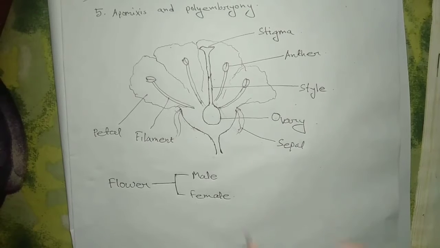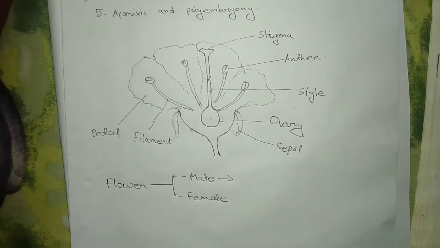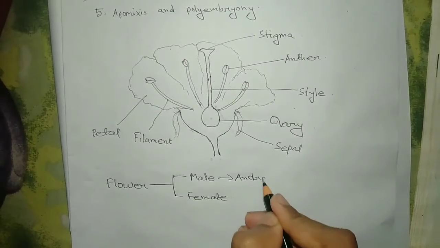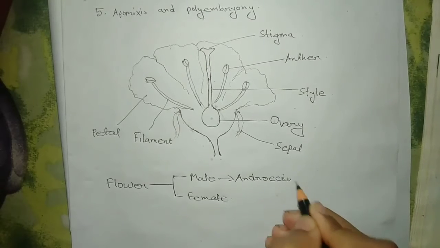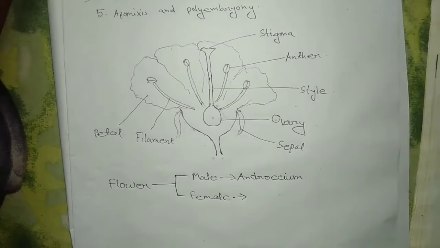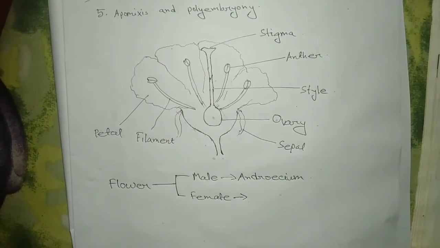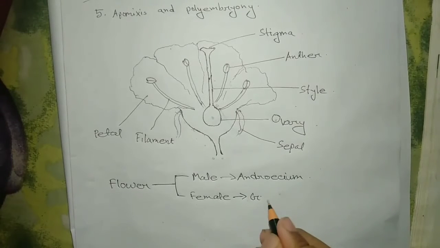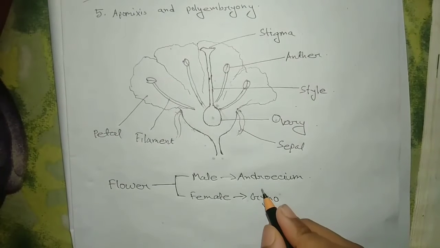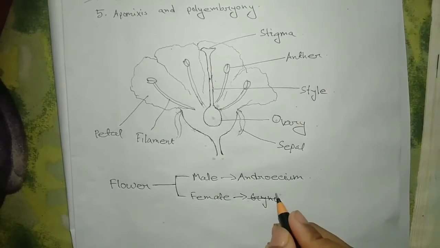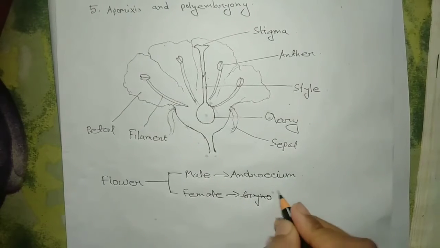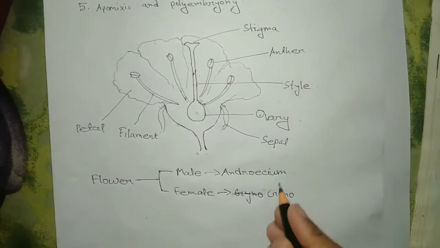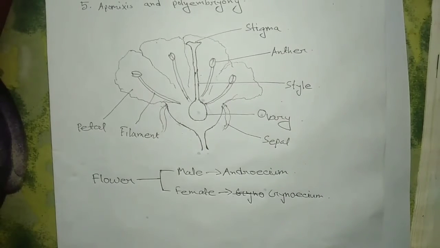The male part of a flower is studied in the androecium, and the female part of a flower is studied in the gynoecium.